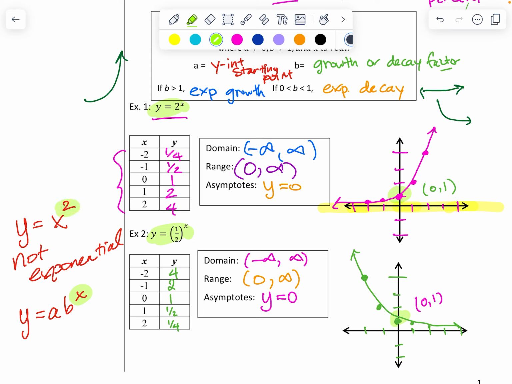In the parabola, that was not exponential because the exponent was a 2. In an exponential, the exponent varies. It's an x. So it could be to the 5th, to the 2nd, to the 9th, to the 20th, whatever. That's where we're plugging in those numbers. Okay, I wanted to clarify that.